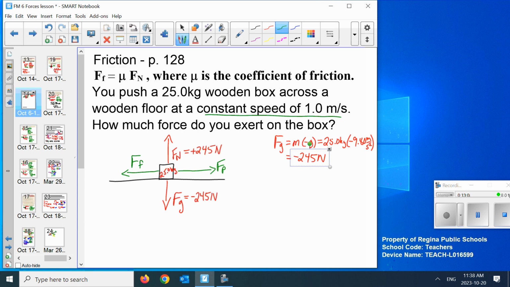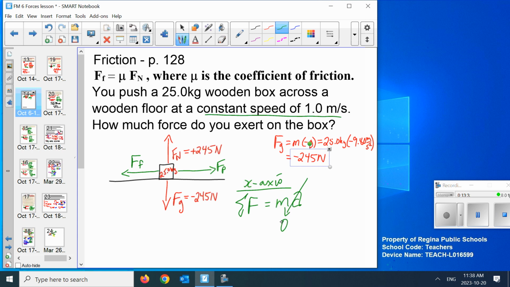Let's work out the x-axis, because that's what we want. How much force do you exert on the box? So in the x-axis, the sum of the forces equals mass times acceleration. Now, as soon as you see constant speed in the x-axis, I can just say this is 0.